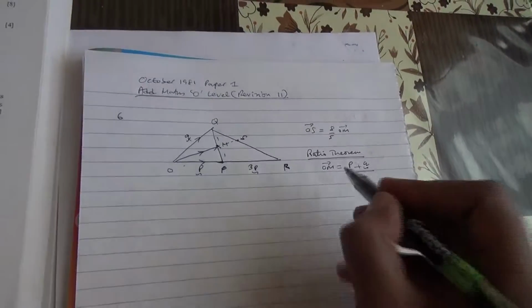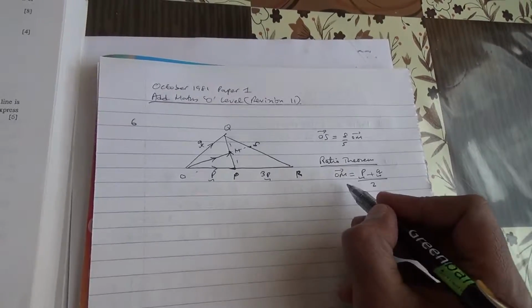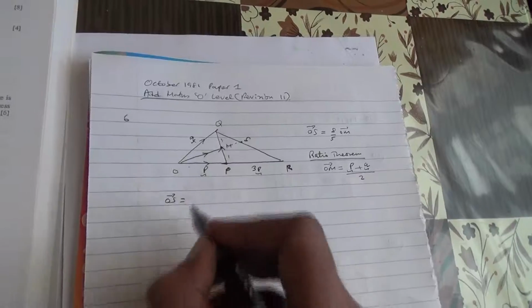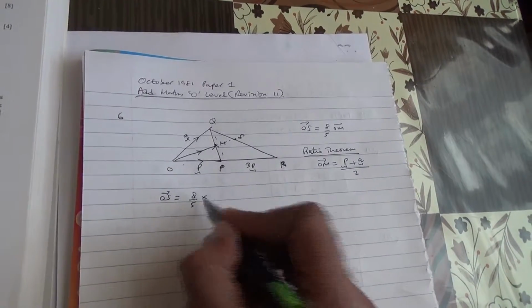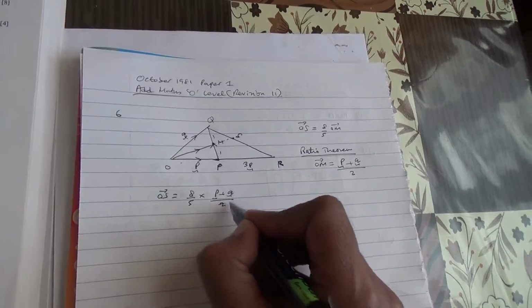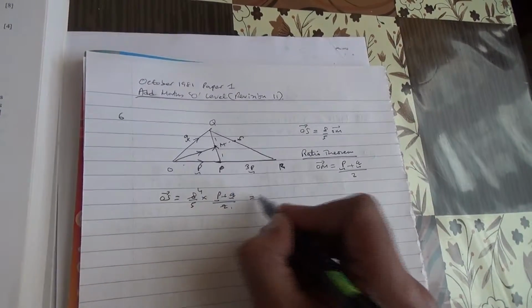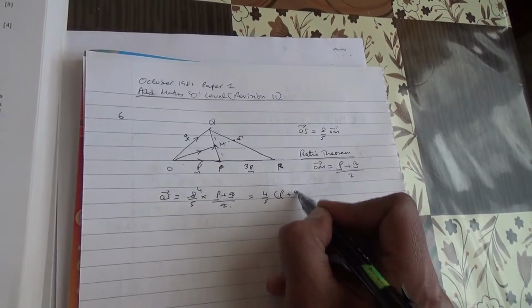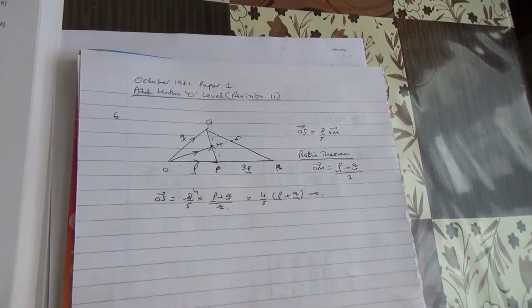So we got OM. Now we need to express OS, and we know that OS is 8 over 5 OM, therefore 8 over 5 times vector P plus vector Q divided by 2. This goes out and we're left with 4 over 5 vector P plus vector Q. Here we are for OS.